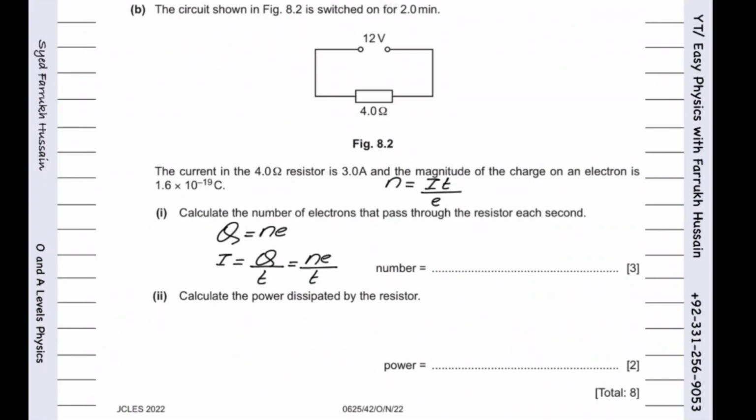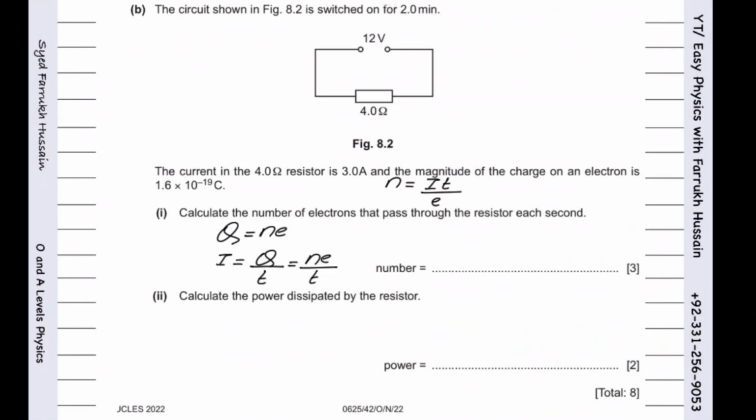I is Q upon T, right? And Q is NE. So we have replaced Q by NE. So equation is I is equal to NE upon T. Now you want N. I don't understand why E would go on the bottom. Make N subject. T will be multiplied by I. E is the denominator then. Why is E the denominator?